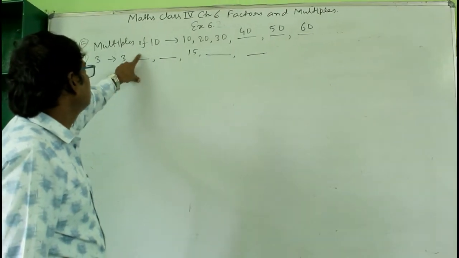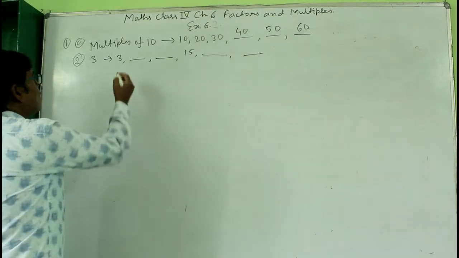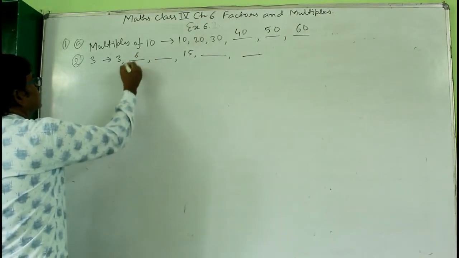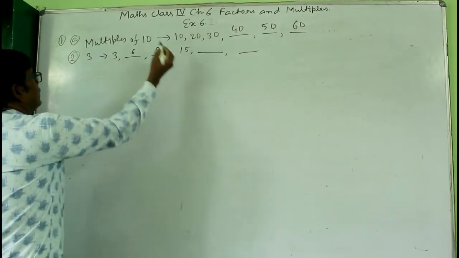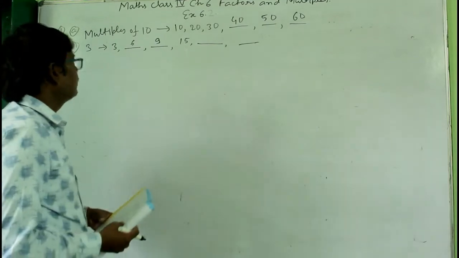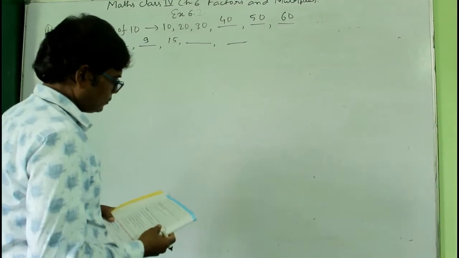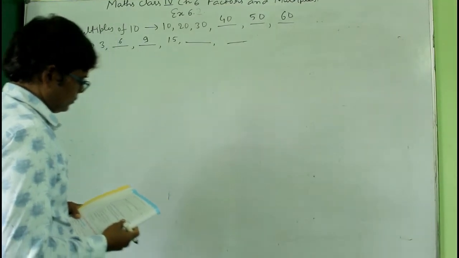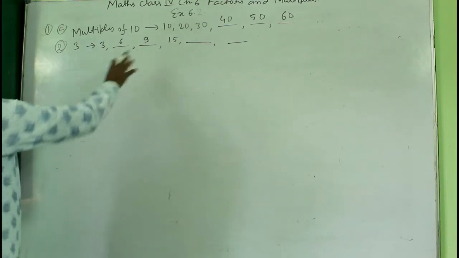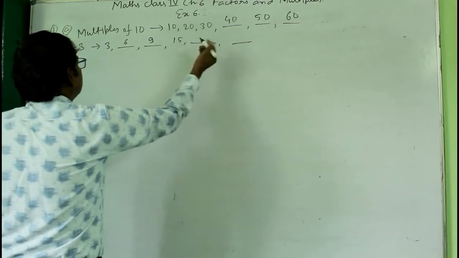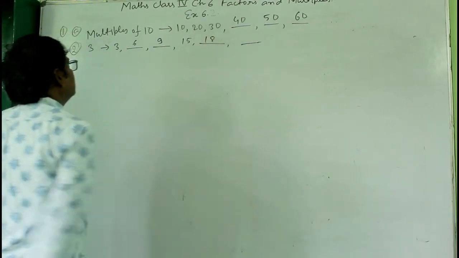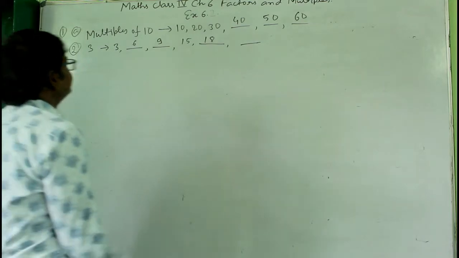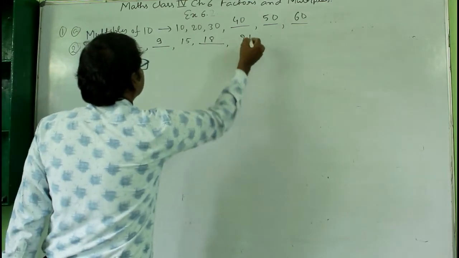So here it will be 3 2s are 6. And 3 3s are 9, and 3 5s are 15, then 3 6s are 18, and 21 here. Okay, we can fill.